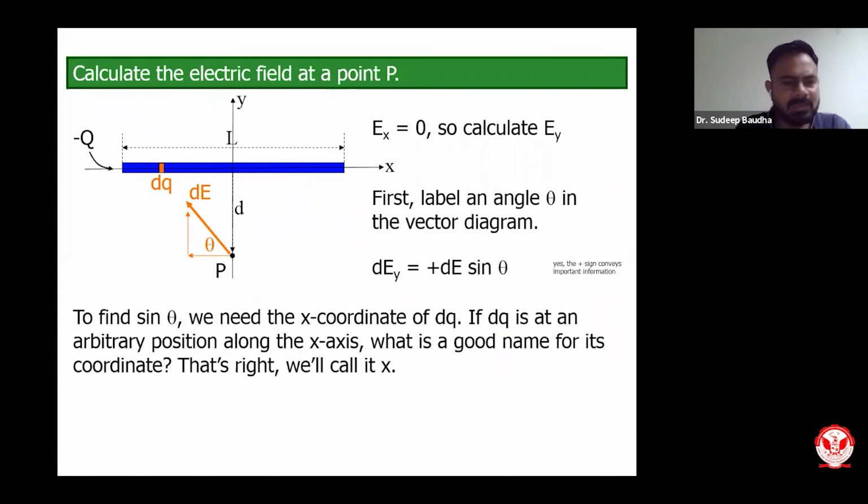If dq is at an arbitrary position along the x-axis, what is a good name for its coordinate? That's right, we can call it x. So we need the coordinate of this, and we call it x, as is clear from the diagram. X is the position from the origin, keeping this as the origin. So dq is at a distance x from the origin, and d is the distance of point P from the origin along y.